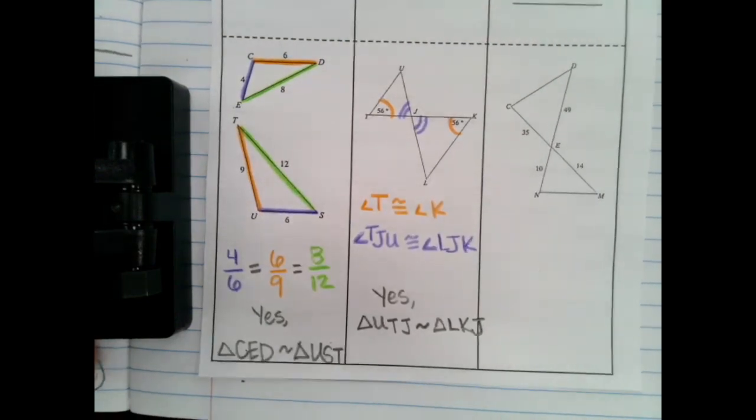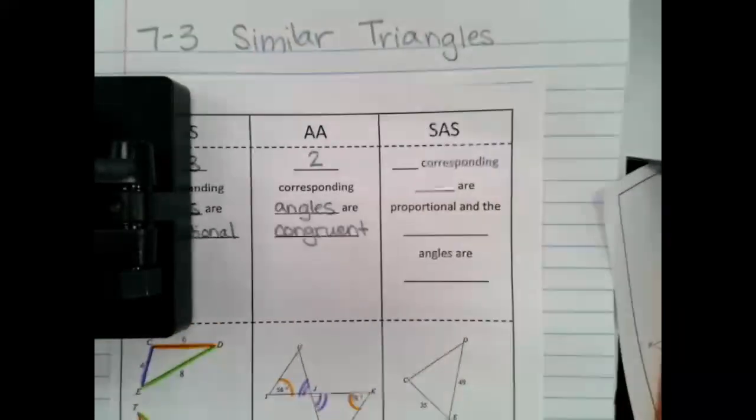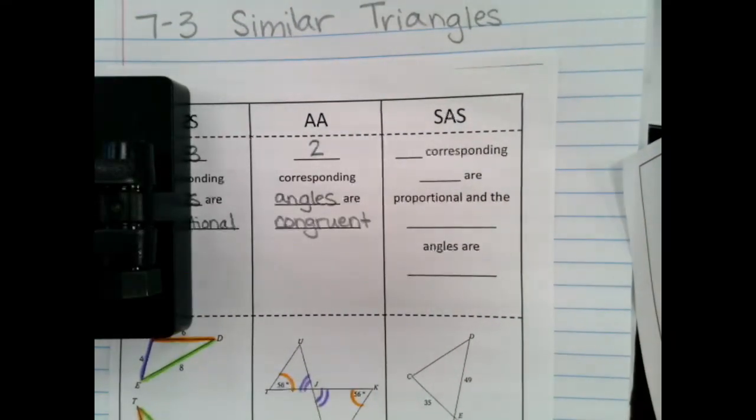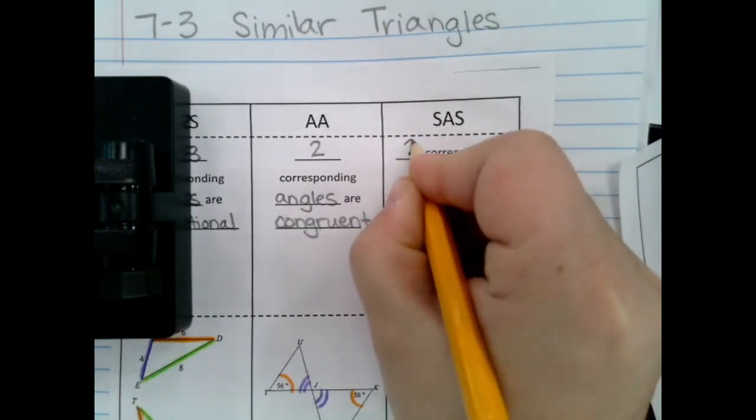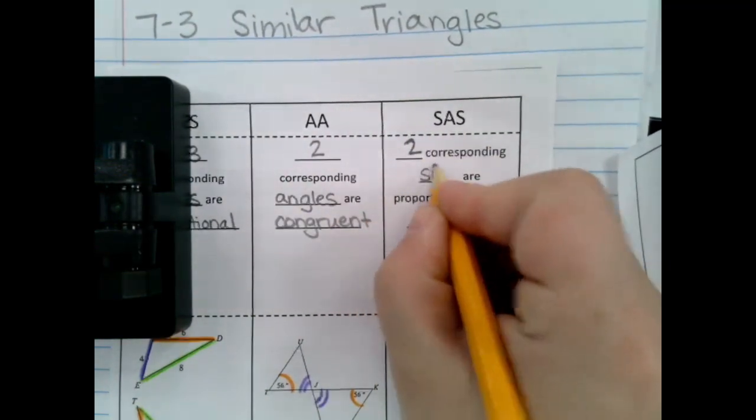All right, last one. Last one for today, and then you get the rest of the time to get your homework done. We have SAS. So what does SAS stand for again? Good. Side, angle, side. So we're going to start with 2 corresponding sides.